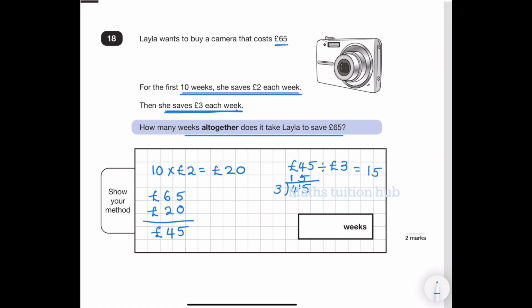That is 15, that will take 15 weeks to save 45 pounds. So now how many weeks altogether? So first 10 weeks is 20 pounds, so 10 weeks there, and then 45 pounds in the next 15 weeks, together 25 weeks. In 25 weeks we can save 65 pounds.